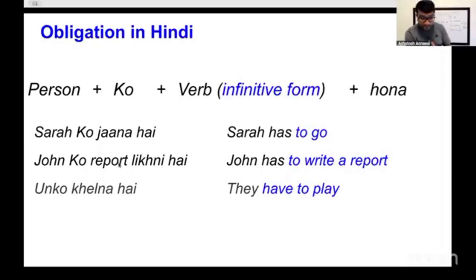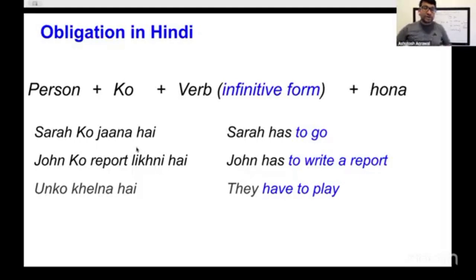Because of the ko, the infinitive form of the verb लिखना versus लिखनी changes based on the direct object, right? What is the obligation? In this case, report is the one that is deciding. And because report is feminine, it's going to be likhni hai.